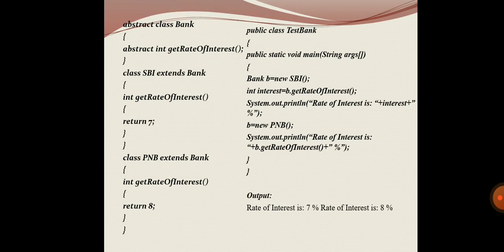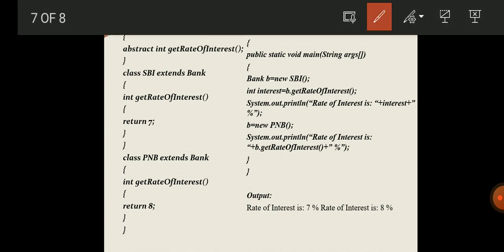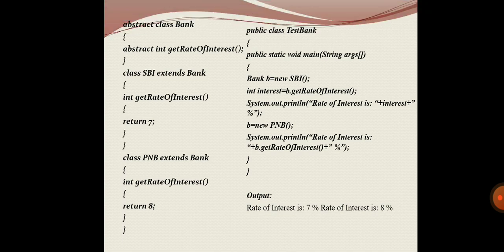Next we will see another example. See here, class Bank, in which we have defined the method int getRateOfInterest. Different banks will have different rates of interest. So in the abstract class Bank we are using only one method, abstract int getRateOfInterest.